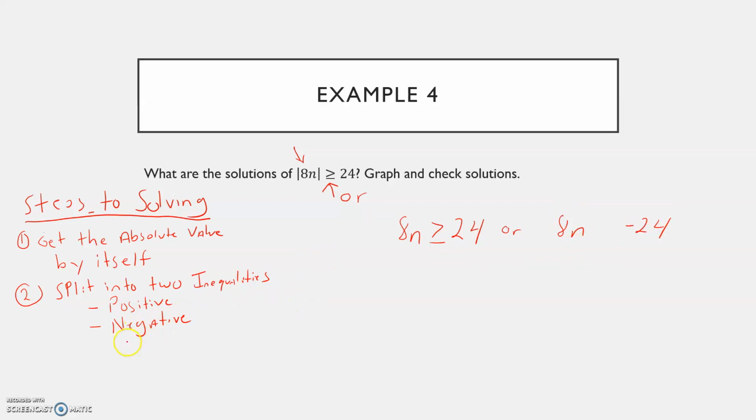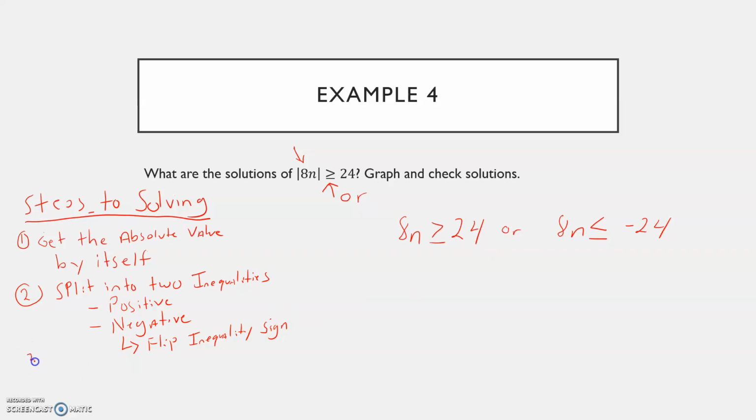And when we do the negative solution one, we need to flip the inequality sign, just like we do when we solve inequalities and multiply or divide by a negative number. Same thing here, when we change our solution to a negative solution, we need to flip the inequality sign. So instead of being 8n is greater than, like it was in the original problem, it's now 8n is less than or equal to negative 24. So there's our two inequalities.